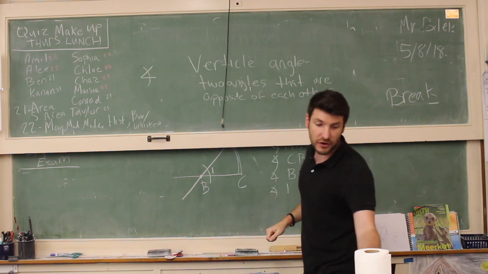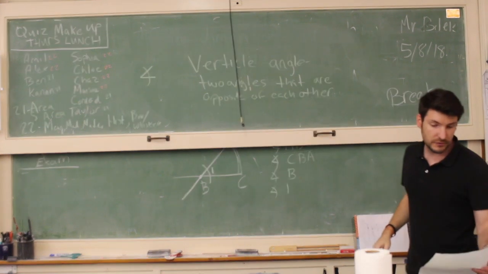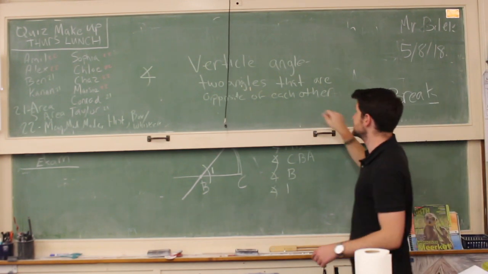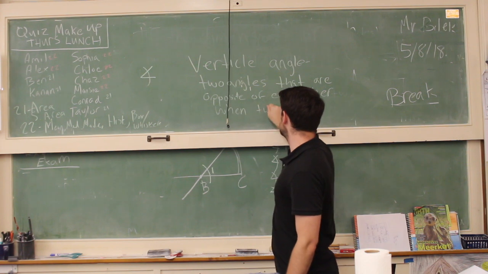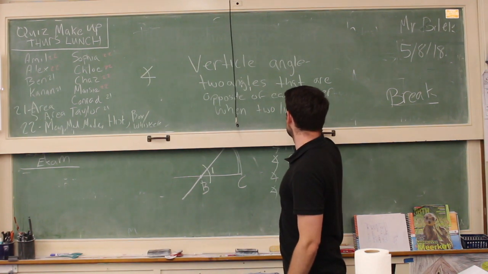Two angles that are opposite of each other when 2 lines intersect. Just like we have here.